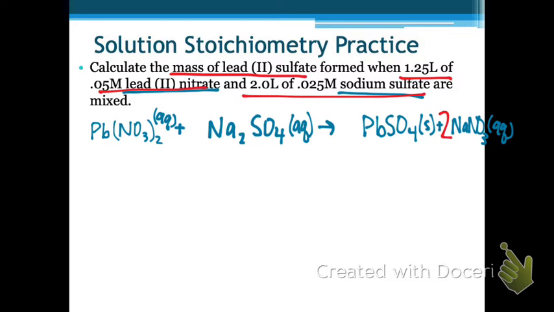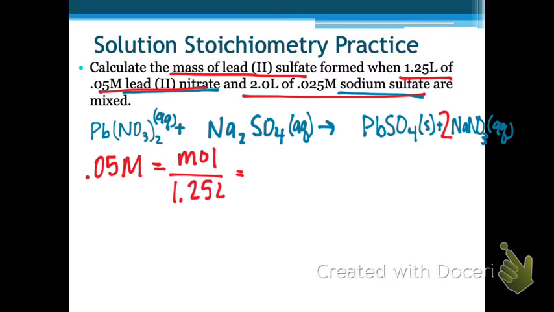So we're not given grams of each of these to start. What information are we given for each of these? Molarity and liters. So let's look at each of these. Lead nitrate starts with a concentration of 0.05 molar, equals moles over 1.25 liters.